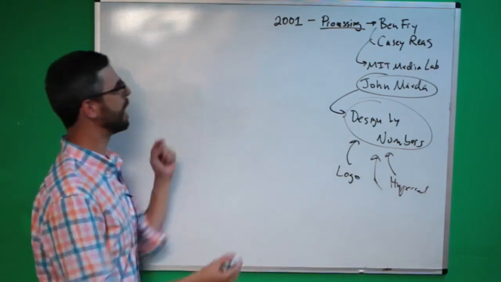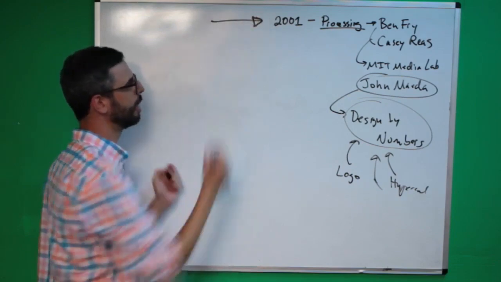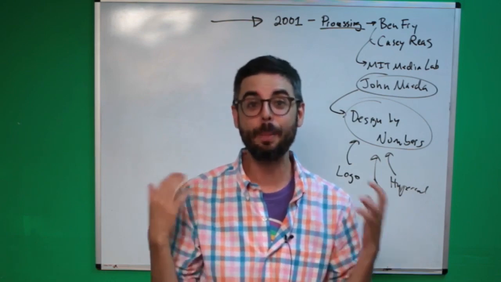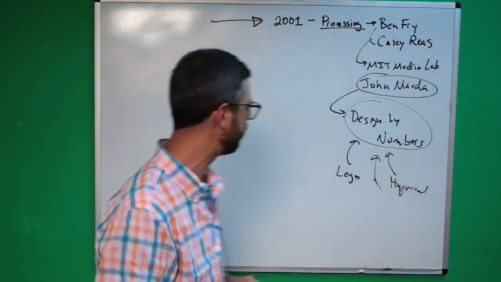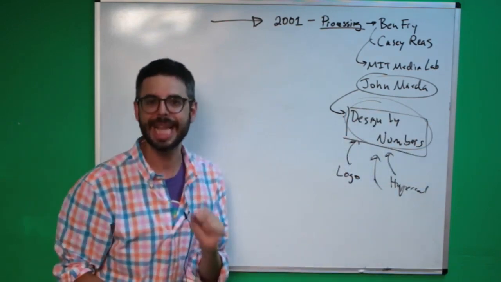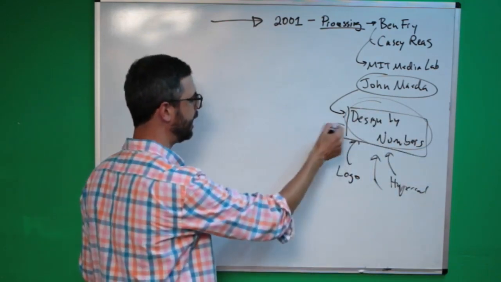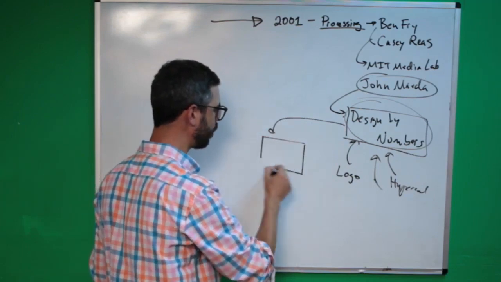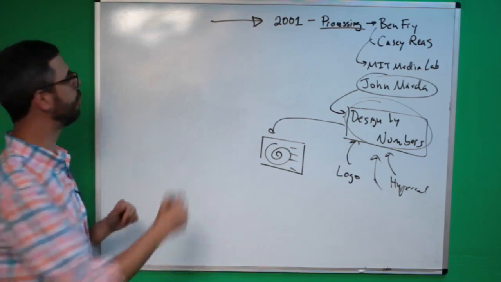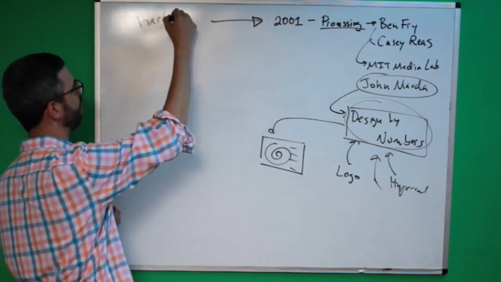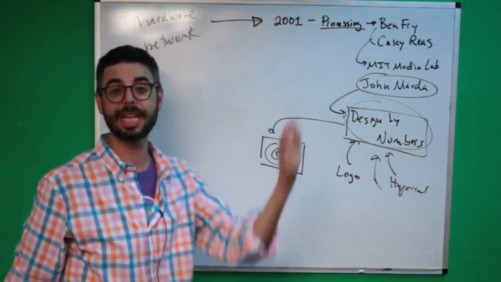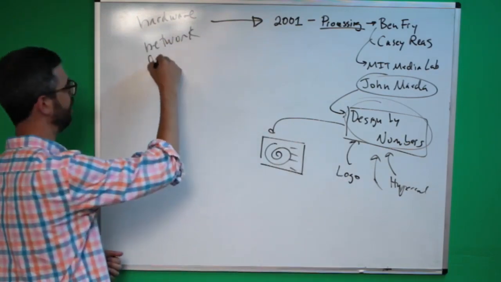So the question then in this time is, well, what is a good programming language to build Processing with and build on top of? Now, one of the limitations of Design by Numbers was that all it really lets you do, if I'm correct about this, is make interesting algorithmic geometric graphics through code. But what if you wanted to connect hardware or talk to the network or have your graphic sketch visualize data?